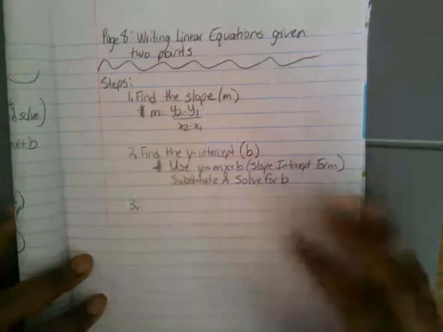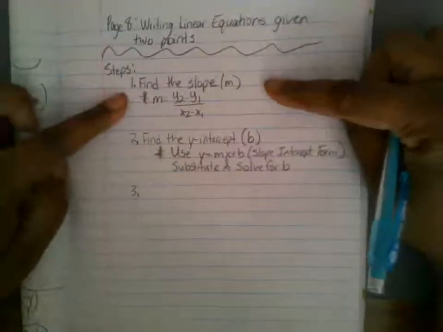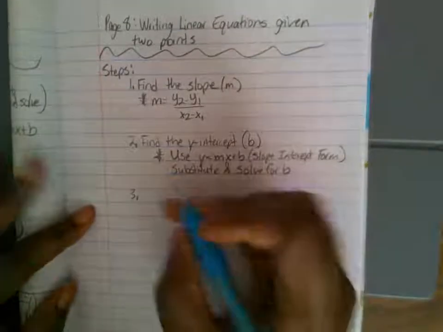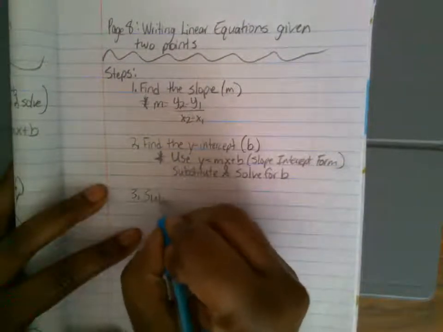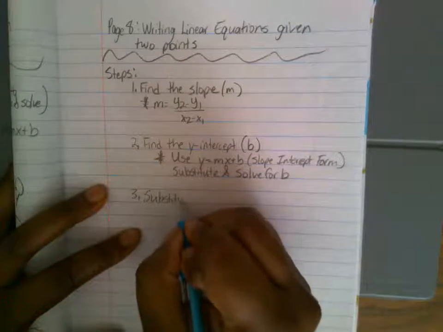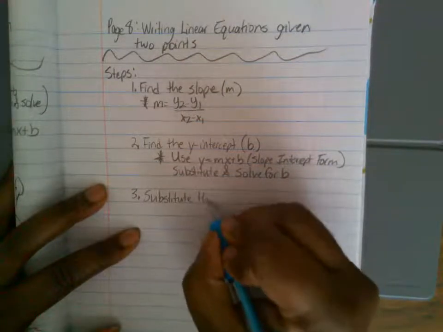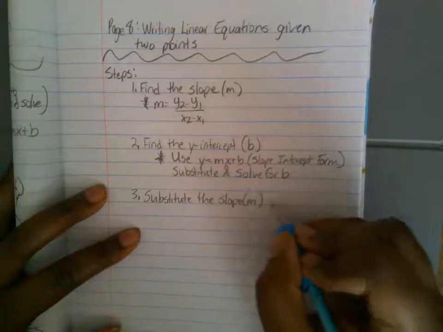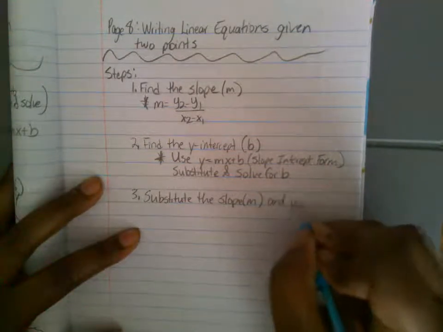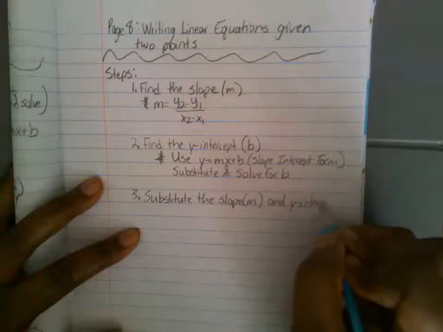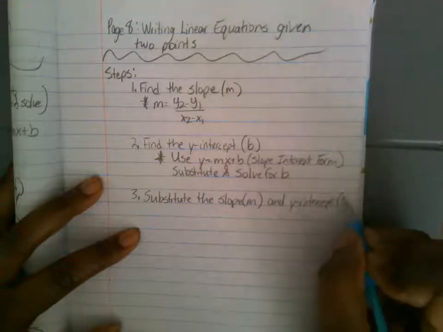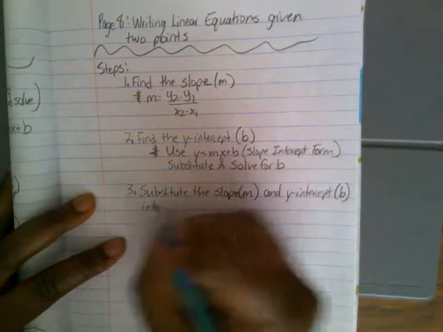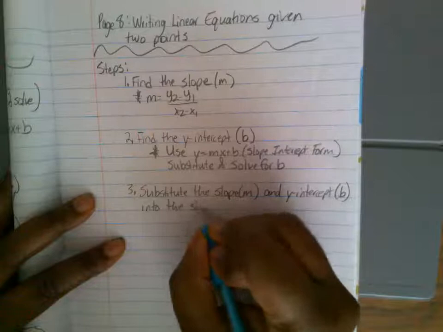Lastly, you're going to take the value for m and the value for b and substitute into the slope-intercept form. Remember, the letter for slope is m, and the letter for y-intercept is b.